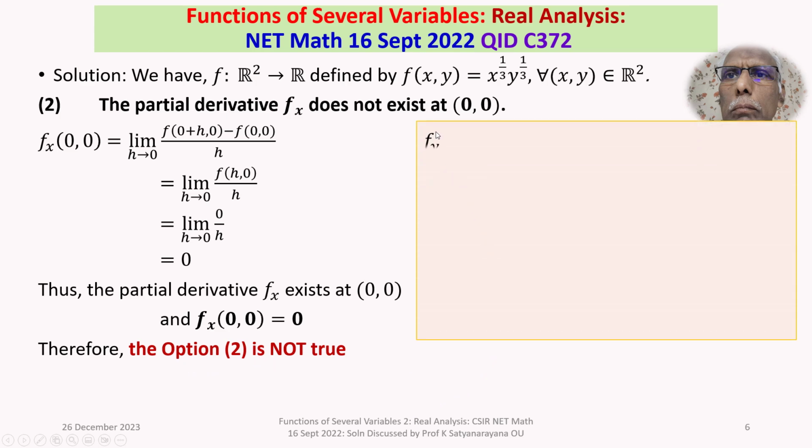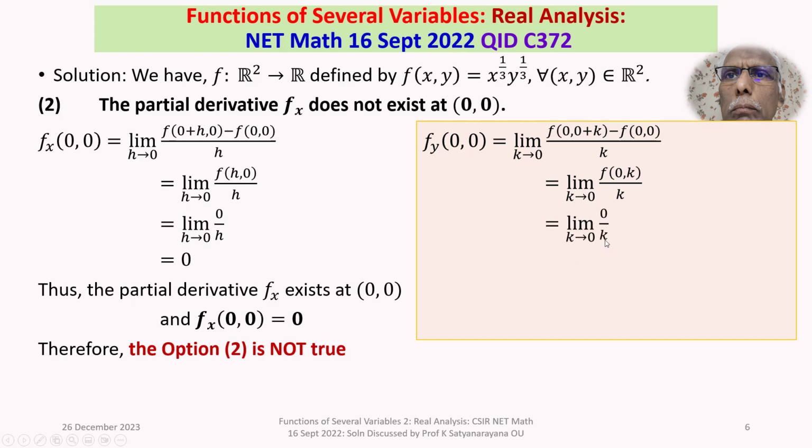We go to f suffix y at 0, 0, which is equal to limit k tends to 0 of f of 0, 0 plus k minus f of 0, 0, by k. That is equal to limit k tends to 0 of f of 0, k by k, where f of 0, 0 is 0. And that is equal to limit k tends to 0 of 0 by k, and that is 0.